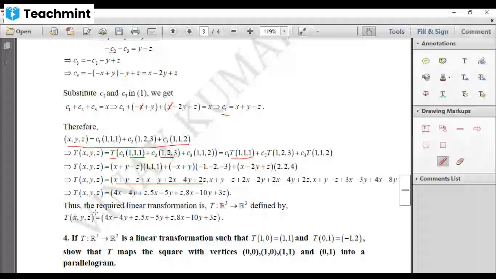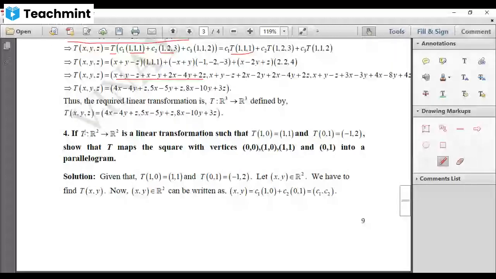Now after this, I'd given one more problem which says T from R square to R square is linear. So they have already declared that this mapping is linear such that image of 1, 0 is 1, 1 and image of 0, 1 is minus 1, 2.